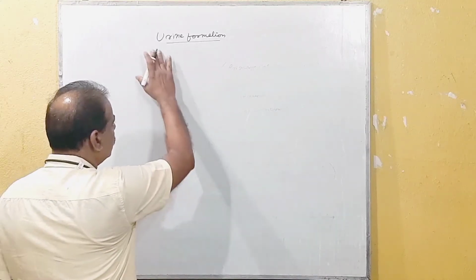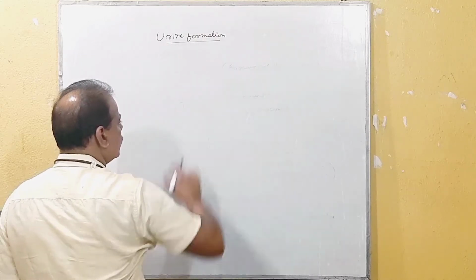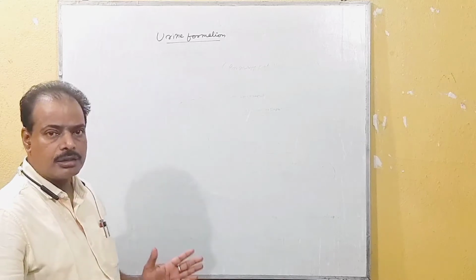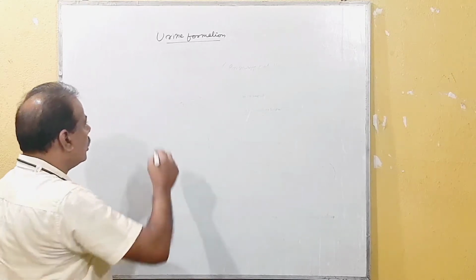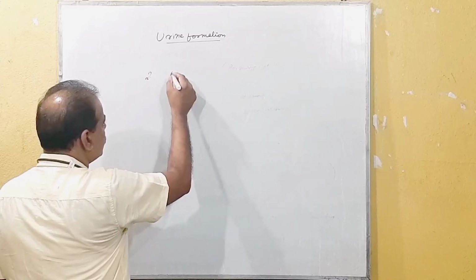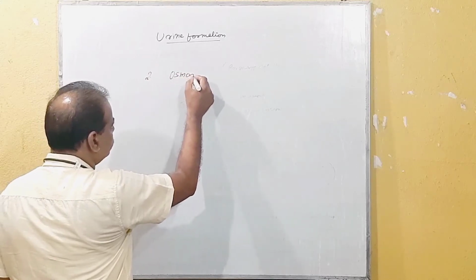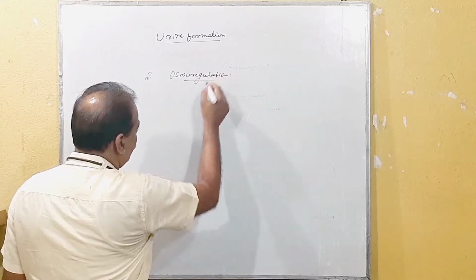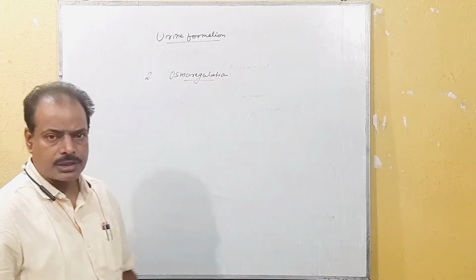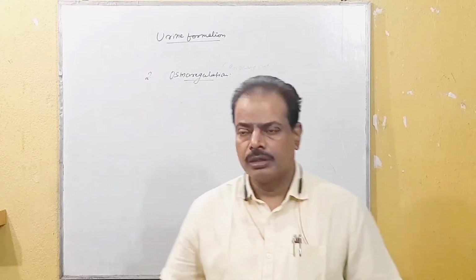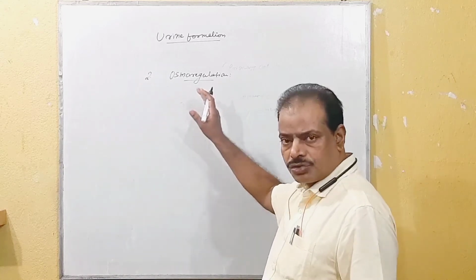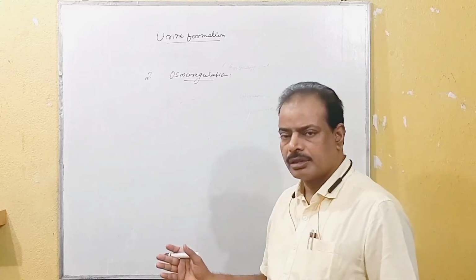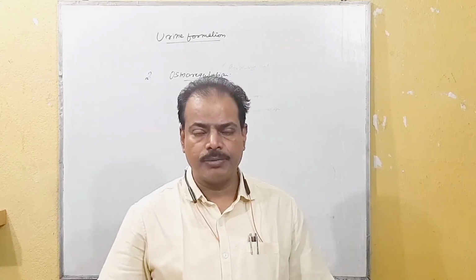So urine formation takes place in the nephron, and nephrons are the unit of the kidneys. Now the second function is known as osmoregulation. Osmoregulation is the process of maintaining the balance of salt and water in the body, so that the osmotic gradient can be maintained.